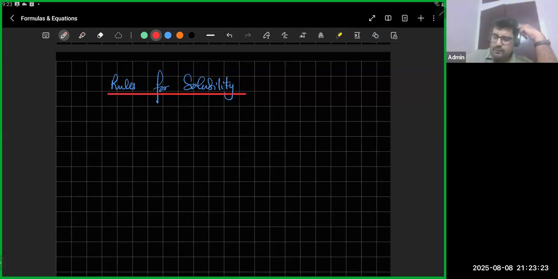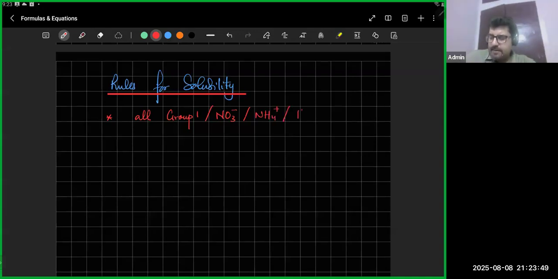Now, the first rule is rule number one. All of these compounds are soluble. All group 1, NO3 minus 1, any compound that has NO3 minus 1, NH4 plus 1 compounds, they're all soluble.